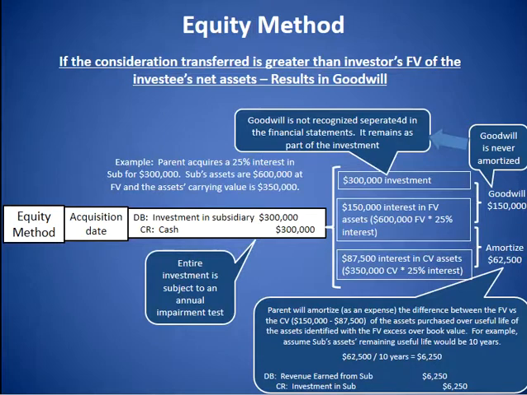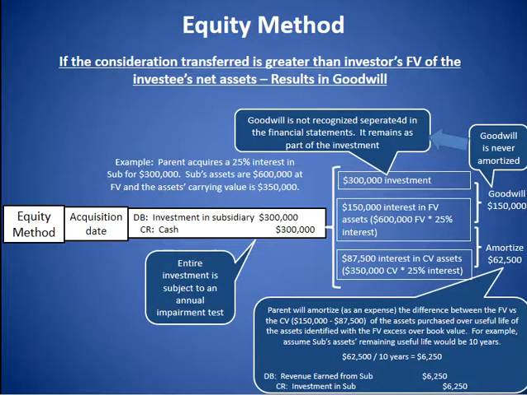So if we want to calculate our interest in the fair value of those assets, it would be $600,000, which is the fair value of the assets, times our 25% interest, and that's going to come out to, in this case, $150,000. So we spent $300,000 to obtain a $150,000 interest in the fair value of the assets of the company.